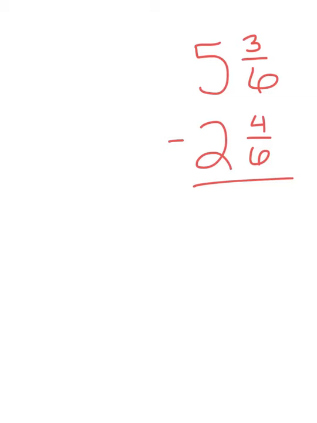So I can say 5 3/6 is the same as 4 plus 1, right? 4 plus 1 is 5, plus 3/6. And 1 is the same as 6/6. So I can take this 1 and say it's 6/6 and combine it with 3/6.